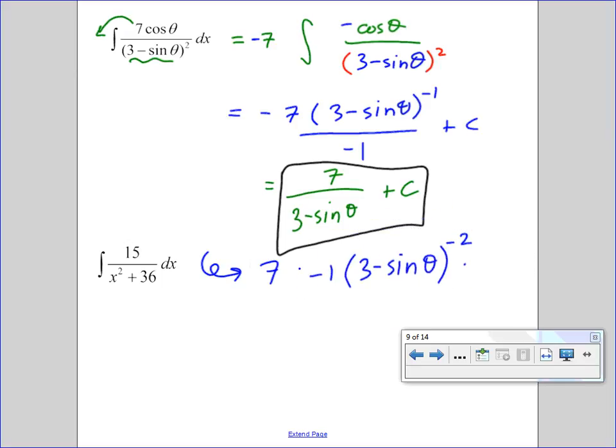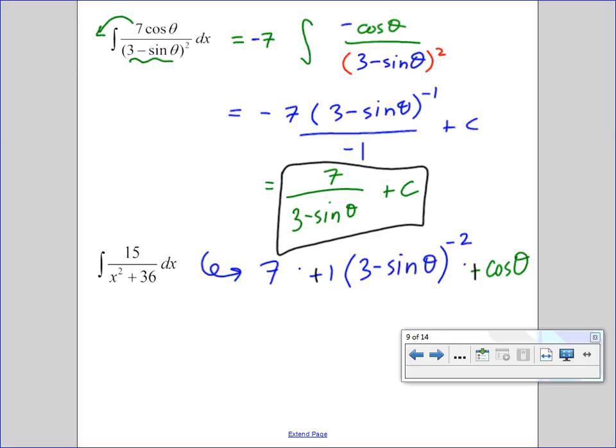The derivative of the base, 3 minus sine theta, differentiates to negative cosine theta. Negative times negative is positive: 7 cosine theta over 3 minus sine theta squared. We win, math works. Yes!